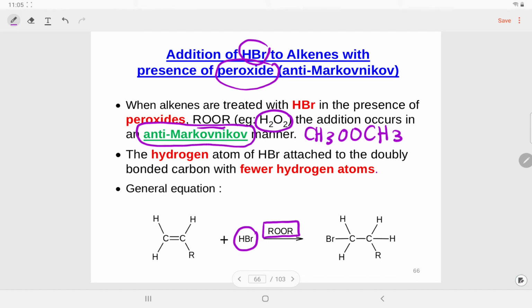So when anti, in the first step, hydrogen will go onto the carbon with fewer hydrogen atoms. So this is why the other hydrogen is added. So Br goes onto the neighboring carbon. So the final product is still the same, haloalkane, but the process involved follows a different rule. Anti-Markovnikov with the presence of peroxide, our reagent is only hydrogen bromide.